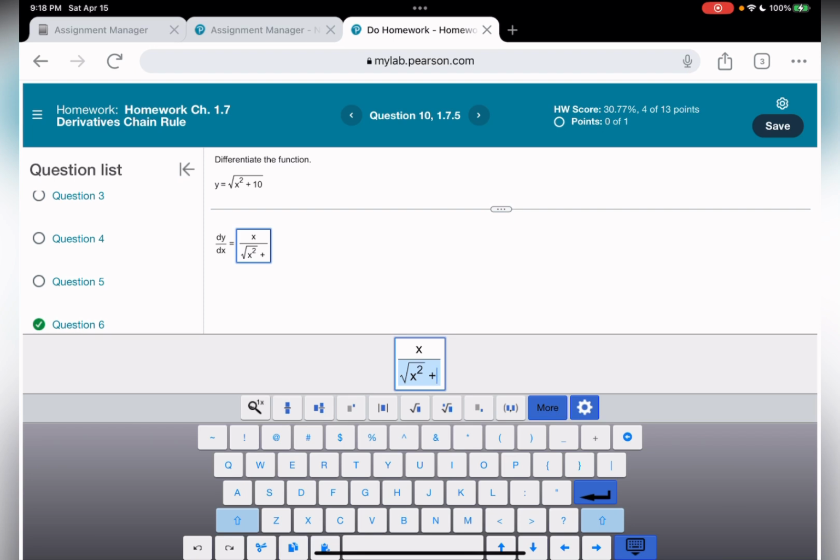So here I get only x squared under the square root. Let me try again: x squared plus.